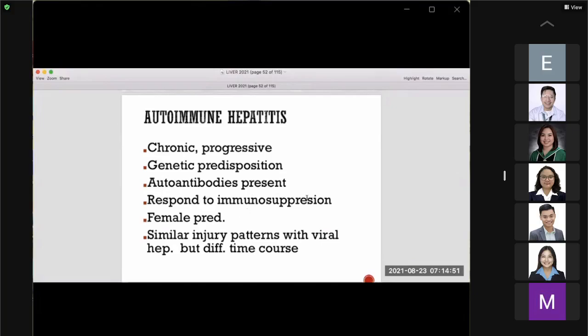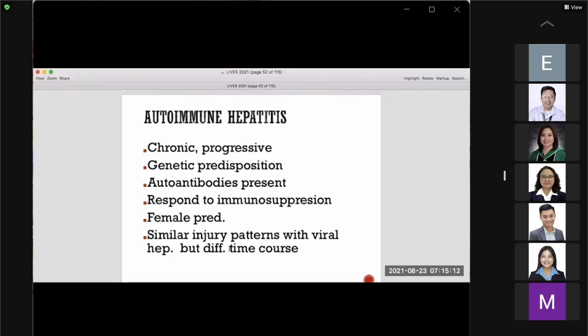If you give immunosuppressing agents, they will respond to that. And as you have discussed in your previous topics in pathology A, for autoimmune problems, usually females are involved, so there is predominance in females.